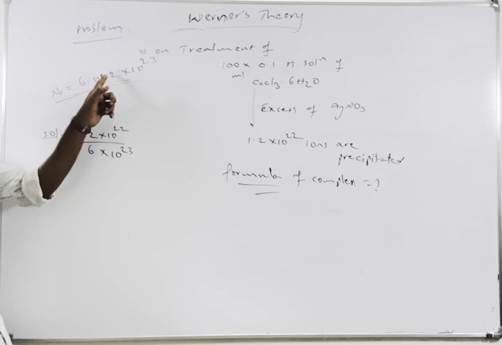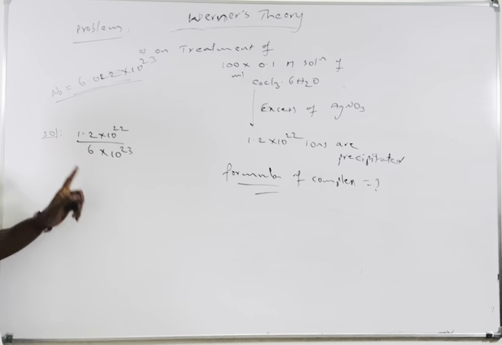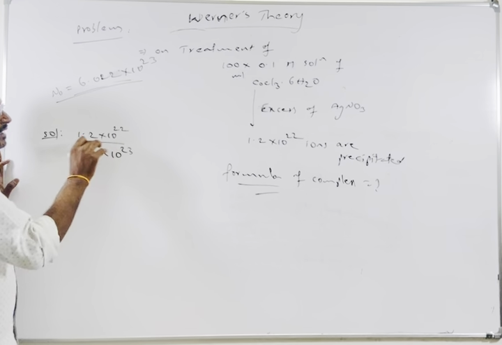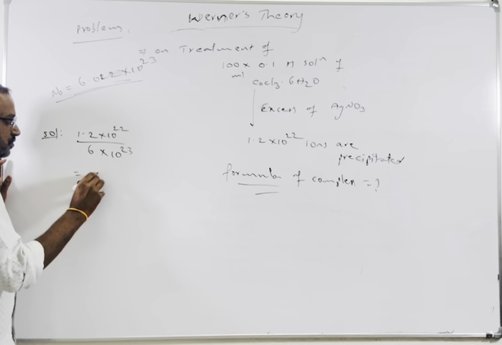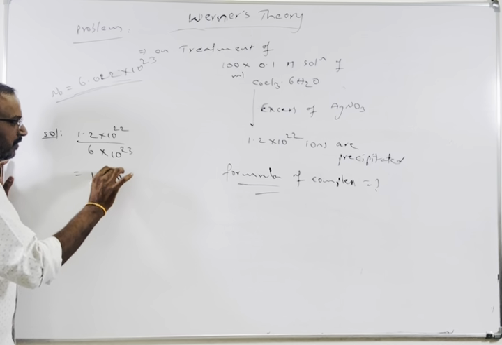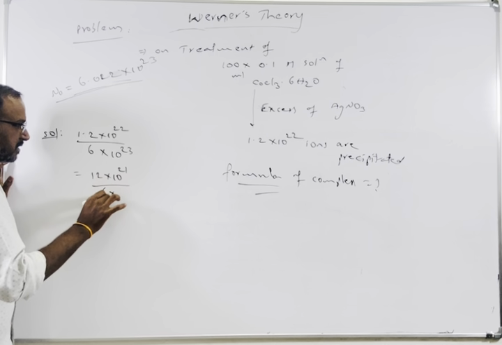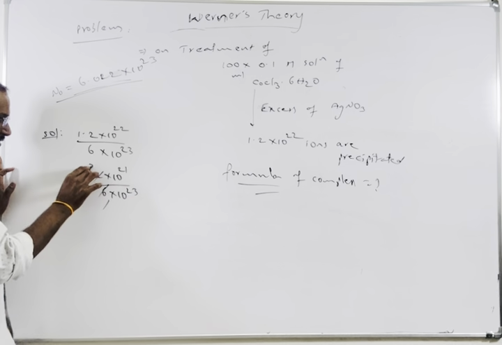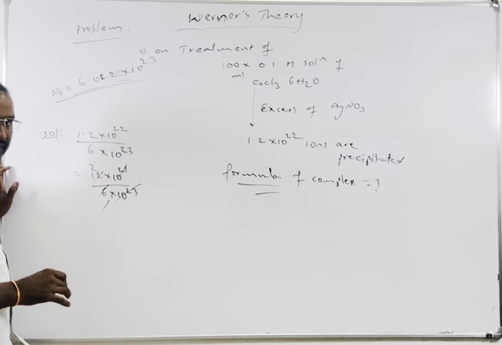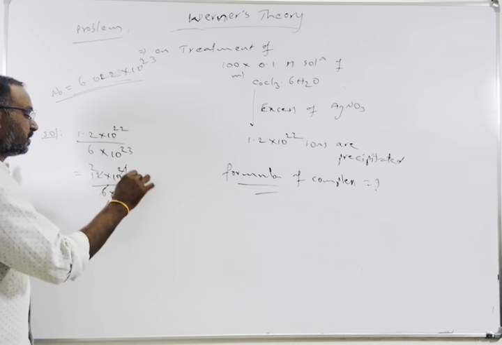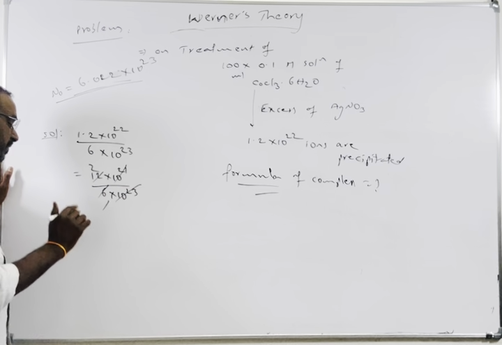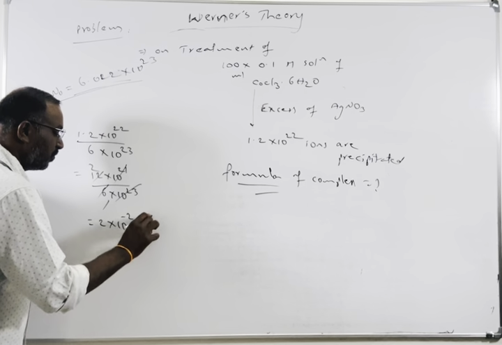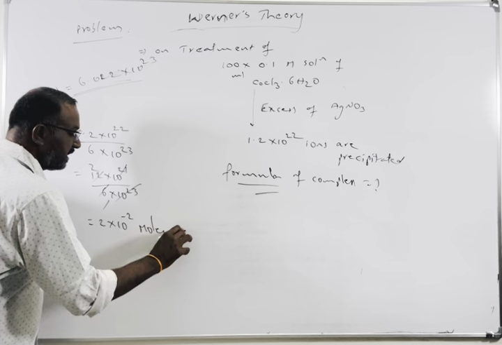I am taking 6.022 as 6, because the question is approximate. So I can write this as 12 into 10 power of 21 by 6 into 10 power of 23. 6 ones are 6, 6 twos are 12, and the 10 power of 23 going up becomes minus 23. So 21 minus 23 gives 10 power of minus 2. The answer is 2 into 10 power of minus 2 moles precipitated.